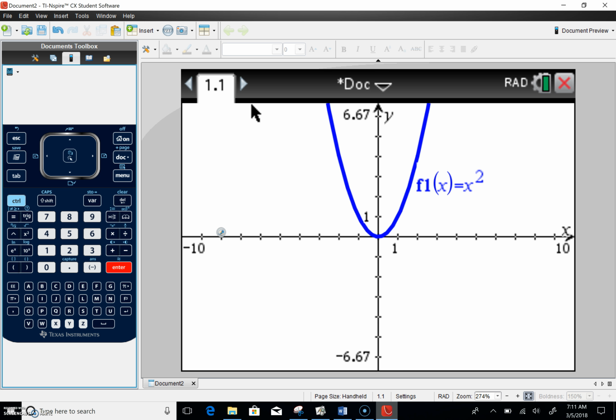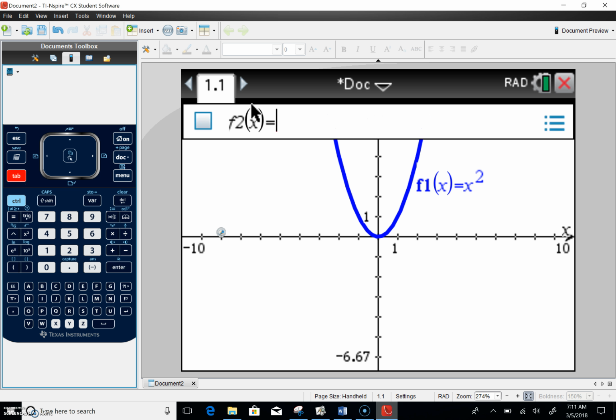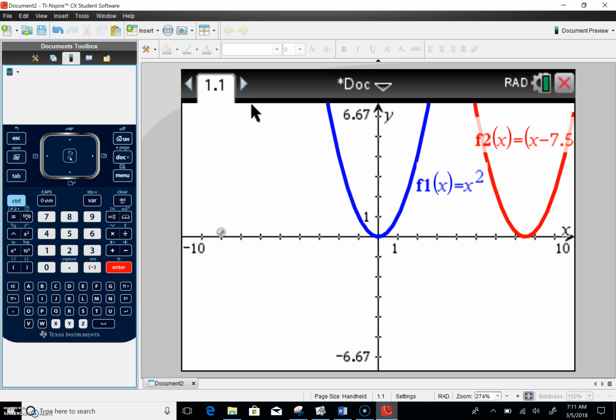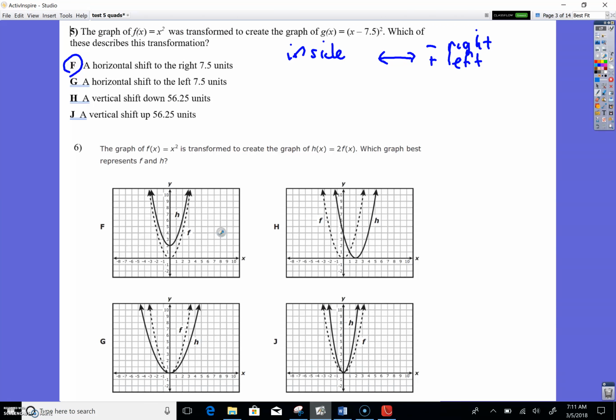Then I'm going to create a second graph: (x minus 7.5) squared. Enter. You see that? 1, 2, 3, 4, 5, 6, 7, 7.5. Okay, so that one is correct.